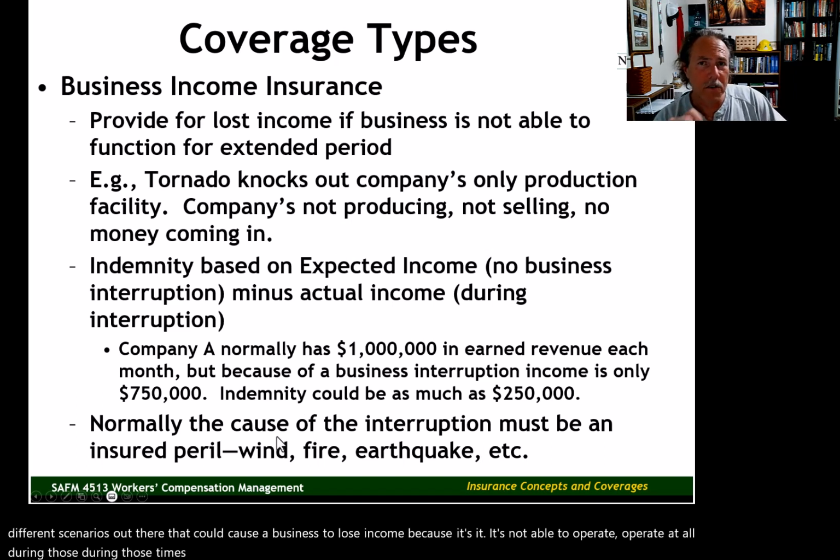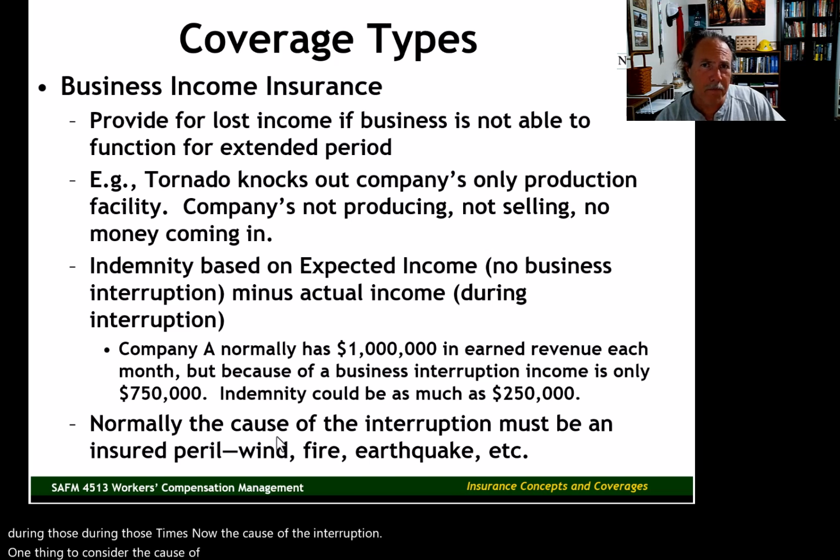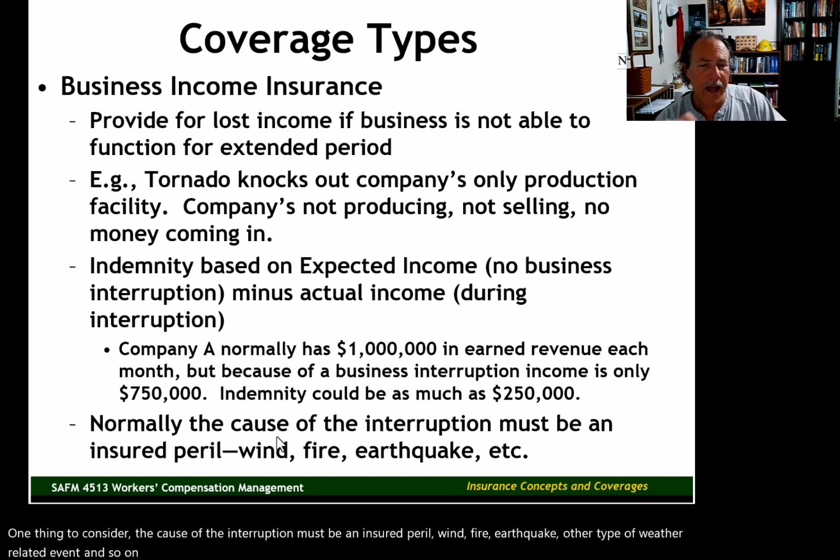Now, one thing to consider, the cause of the interruption must be an insured peril. Wind, fire, earthquake, other type of weather-related event, and so on. It has to be an insured peril. Let's say if it was a flood. If a flood caused a business to shut down.